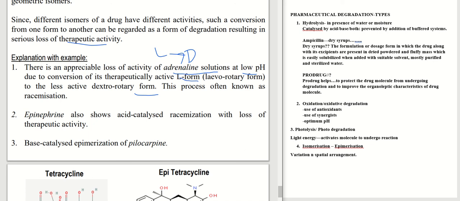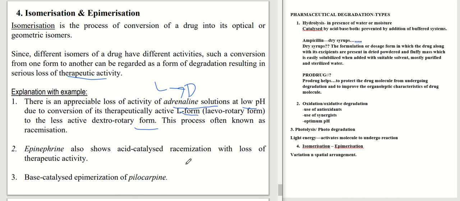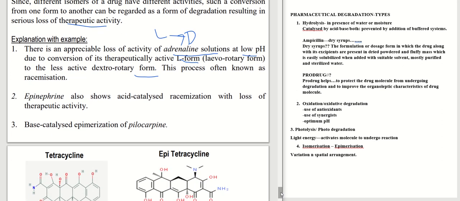The L form is actually the active form, but it turns out to be the dextro form at low pH. So this conversion of L form to D form or D form to L form is known as racemization normally.